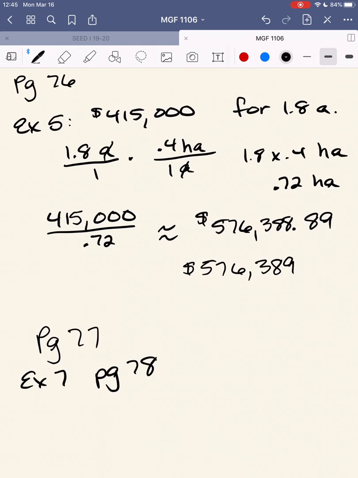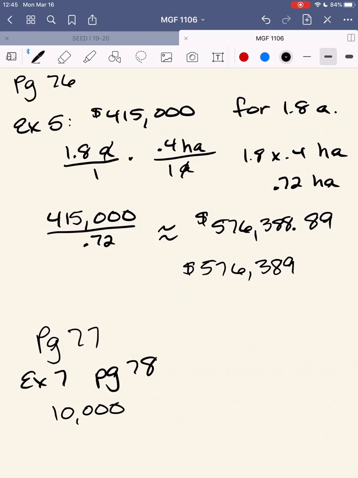We have a pool that has a volume of 10,000 cubic feet, and we want to know how many gallons of water this pool holds. If we look, 1 cubic foot is equal to about 7.48 gallons.